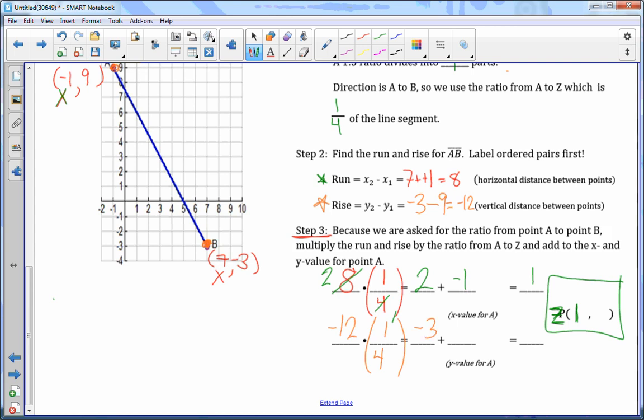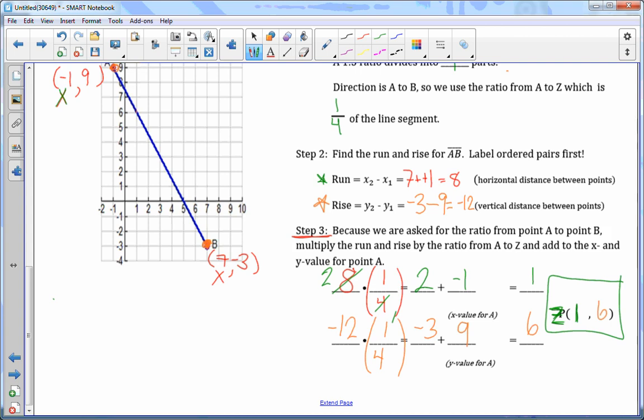We need to add it to the starting y. So do you know what's the starting y position? 9. Good. So -3 plus 9, which is the same thing as 9 minus 3. 6. Actually, are you writing this stuff down? 1, comma 6. Let's see what that is on our graph.